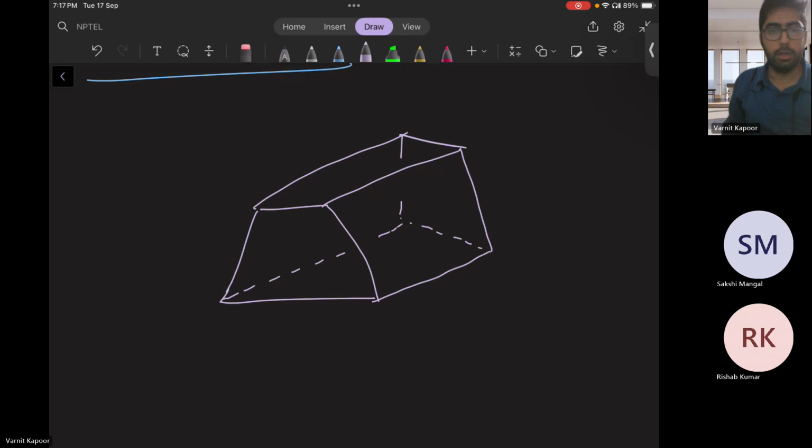Okay, so it can be orthogonal, non-orthogonal. So we have a 3D structured mesh. There's some kind of quadrilateral we are talking about as we are talking about the structured mesh.